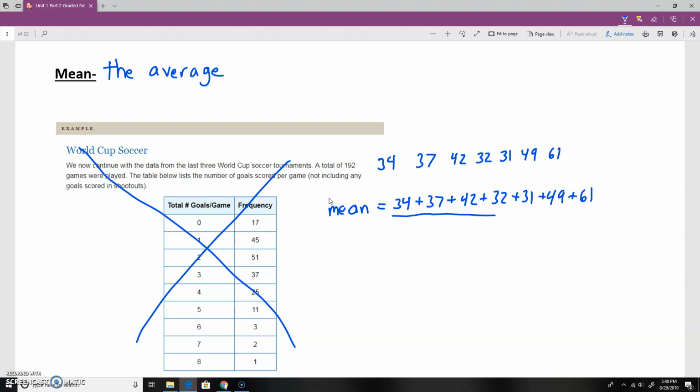Then I'm going to divide that by how many I have. Well, how many values do I have? I have 1, 2, 3, 4, 5, 6, 7 values. So I'm going to divide by 7. Now I'm going to punch this in my calculator, and then what I get is 40.86 is my mean, or my average.